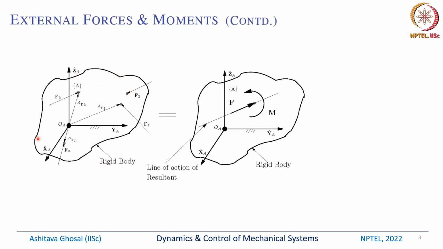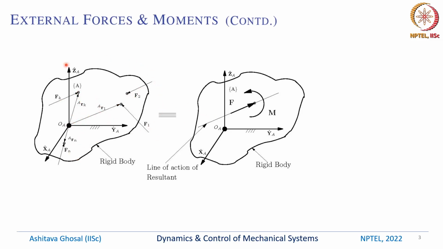Now we have this rigid body. Let's take another scenario where there are lots of forces, F1, F2, F3, all the way till some Fk, acting on this rigid body at different points. F1 is acting at AR1, F2 at AR2, Fk at ARK, and so on.